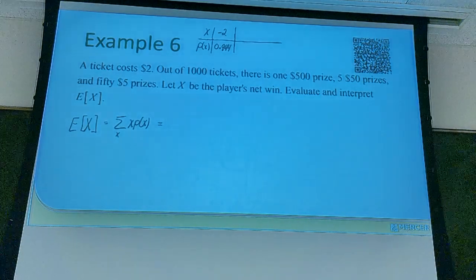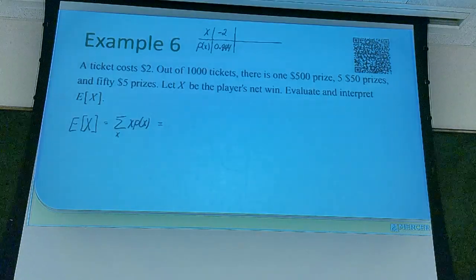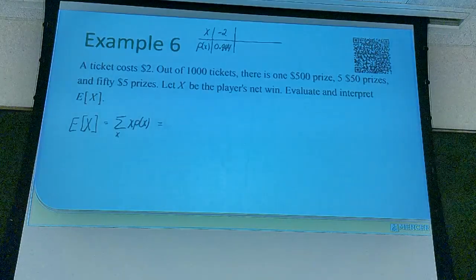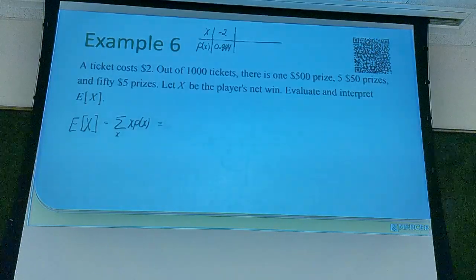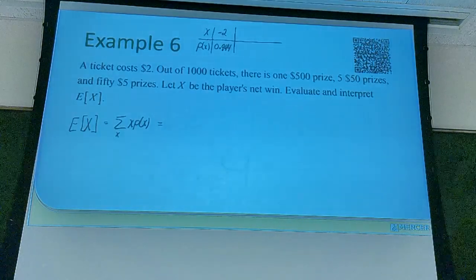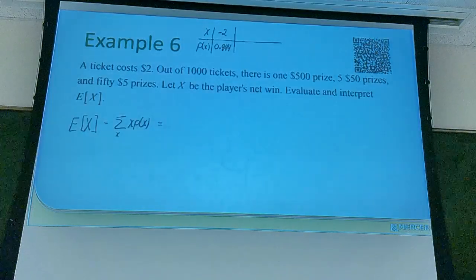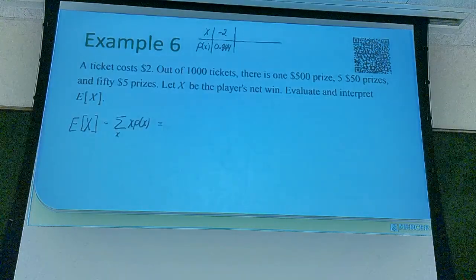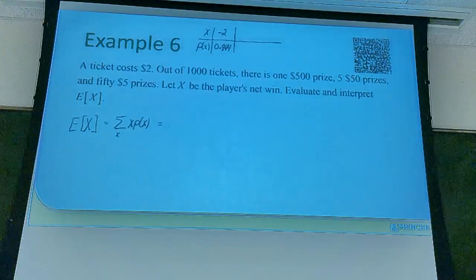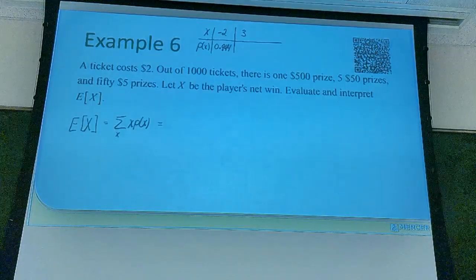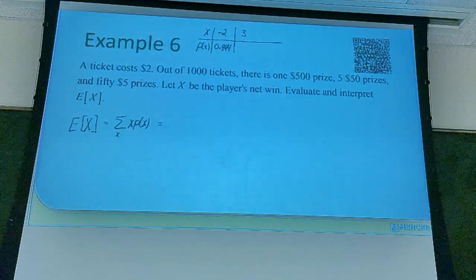Just 5, right? Net winning is then what? You win 5 but spent 2. What is your net? Just 3. With what probability? 50 out of 1,000. Which is 0.05.